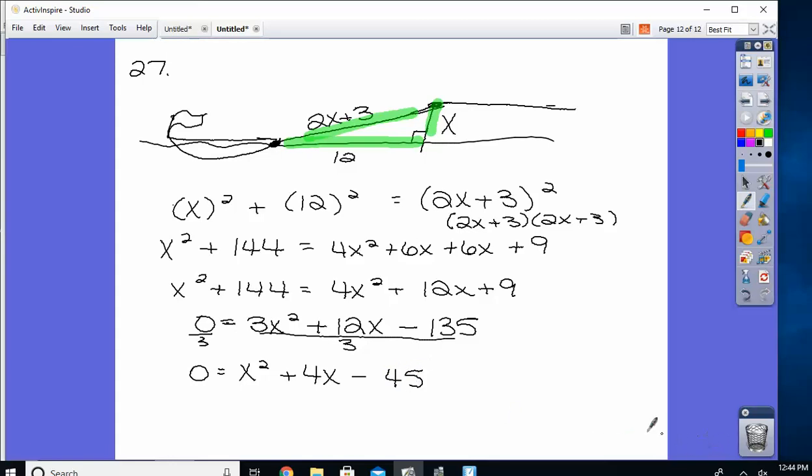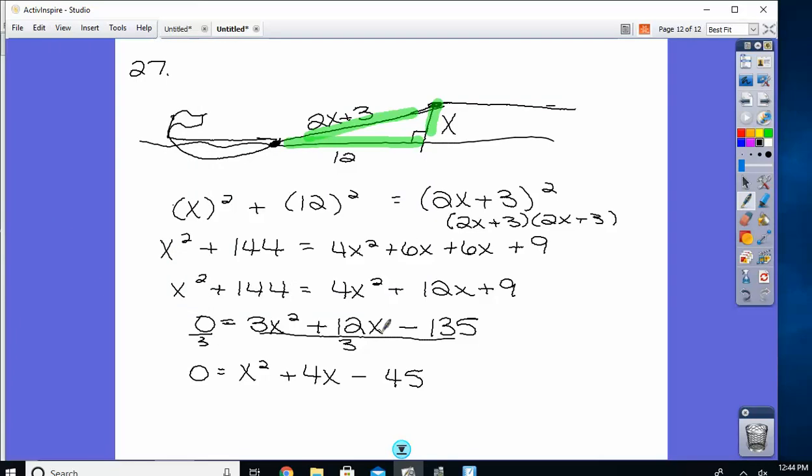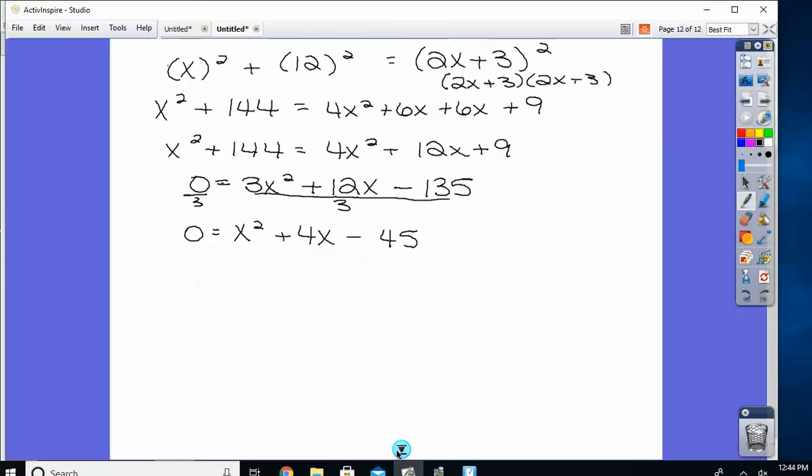So then we can do the box method. Easy method?